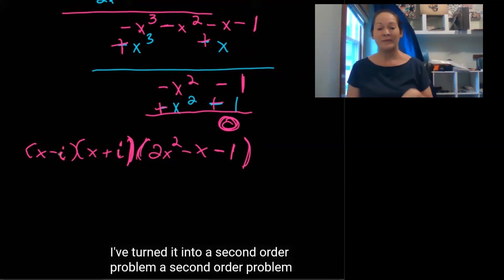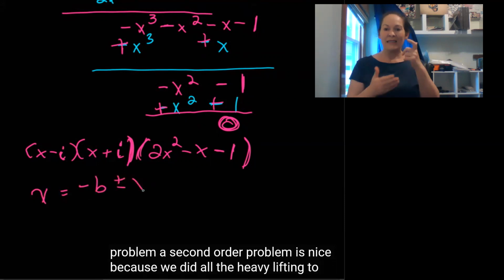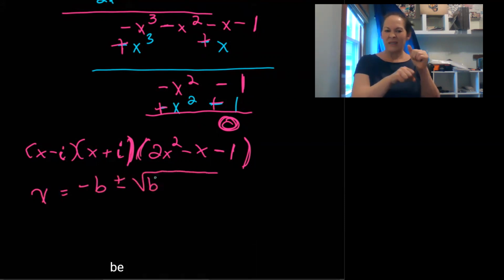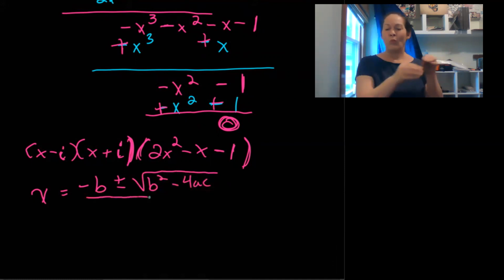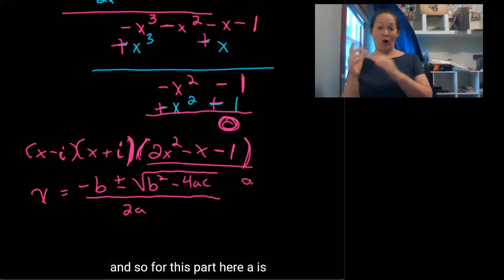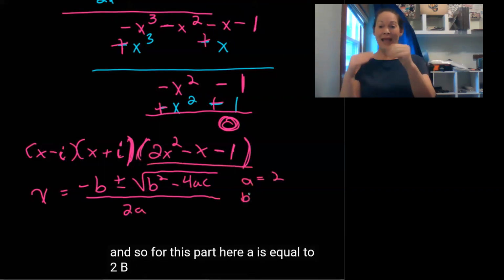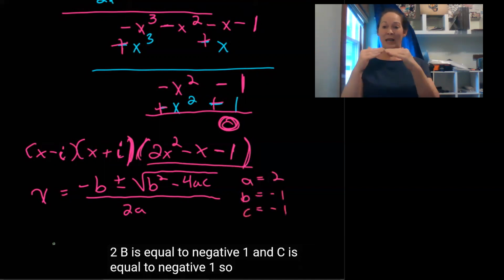And a second order problem is nice because we did all the heavy lifting to be able to use this. And so for this part here, a is equal to 2, b is equal to -1, and c is equal to -1.